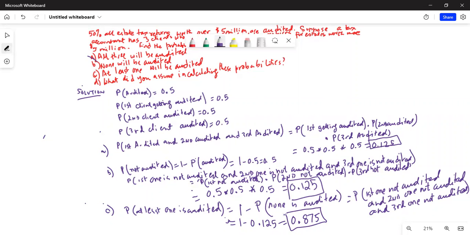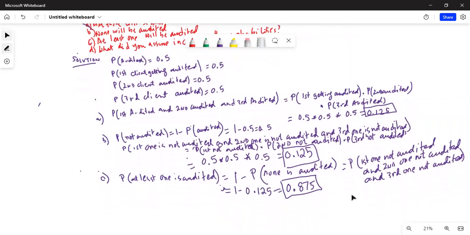Now we have to answer part D. Part D says, what did you assume in calculating these probabilities? What we assume, that's right over here.